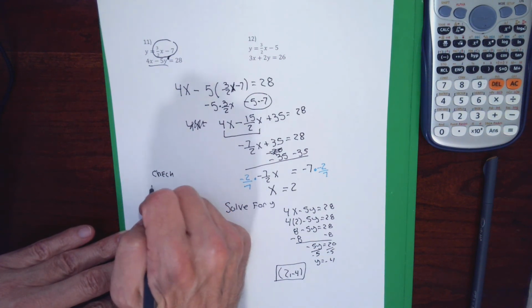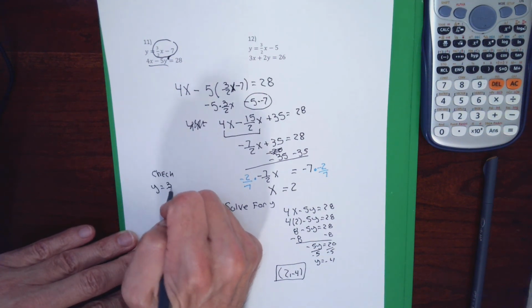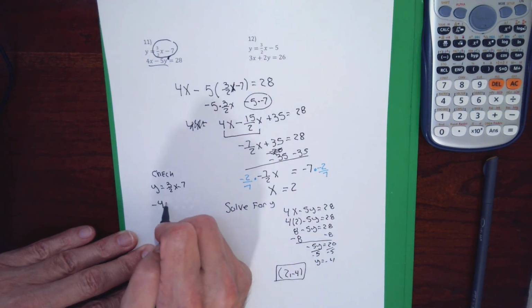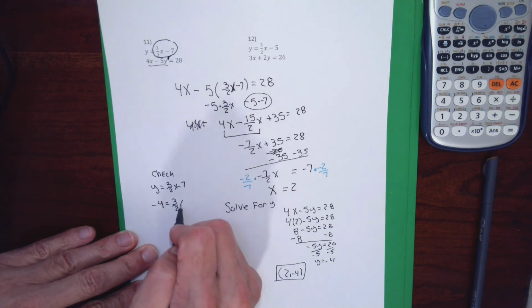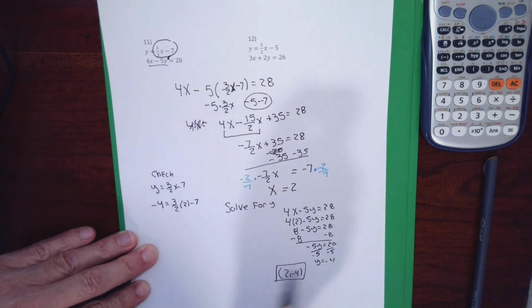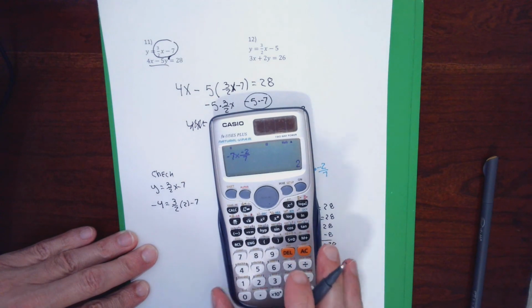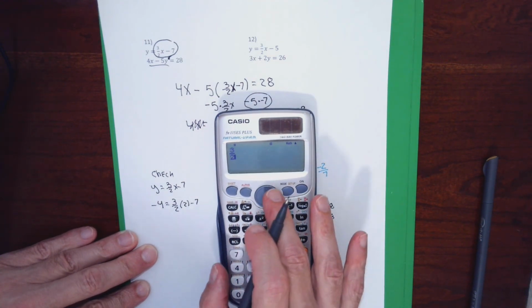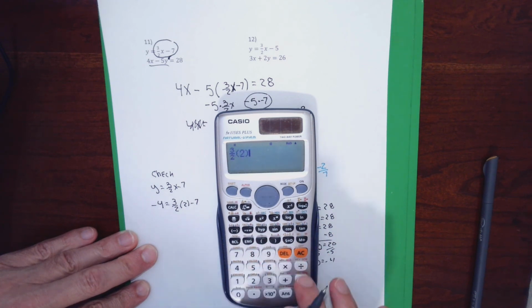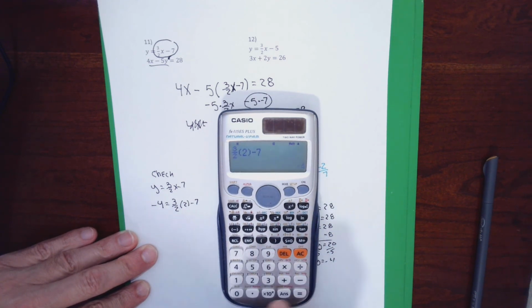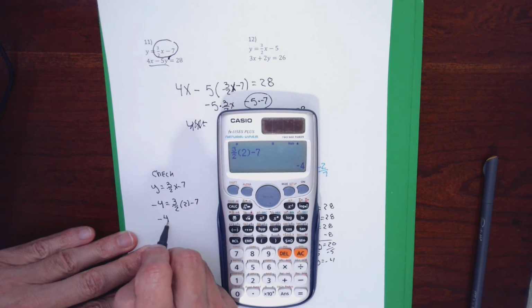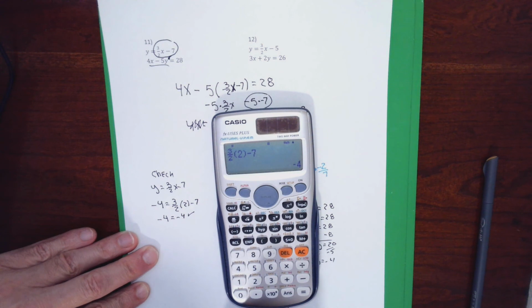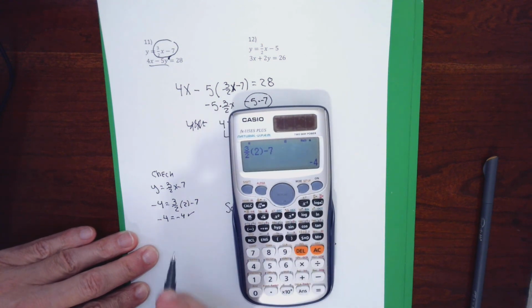I'm going to start by using y equals 3 halves x minus 7. I'm going to plug negative 4 in for y and positive 2 in for x. And I'm going to simplify. I'm going to see if 3 halves times 2 minus 7 gives me what I need it to give me. And it does just perfectly. When I plug 2 in on the right-hand side and negative 4 on the left-hand side, I get a true statement.